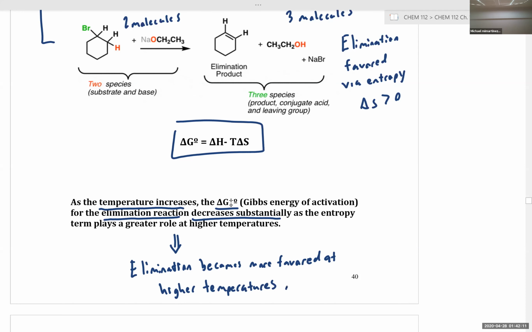So, from this very fundamental perspective, we're able to conclude then we should run our elimination reactions at high temperatures, and our substitution reactions, we probably should keep our temperatures pretty low.